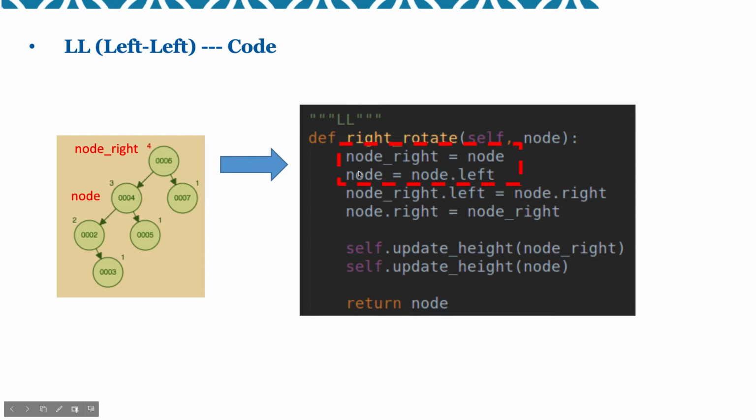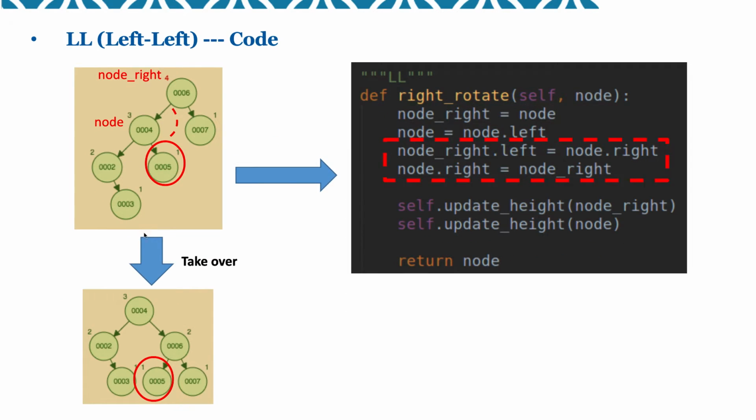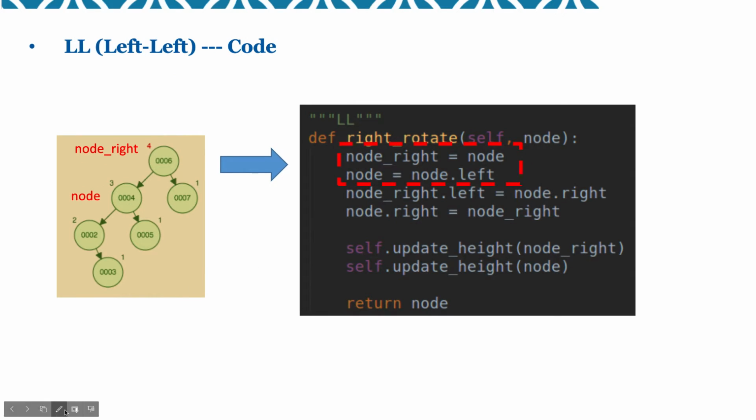Okay, the first line is the pointer of the node assigned to node right. So this one is also called node right. It becomes node right for the number 6 node, and node dot left, which is the number 4 node, right? Number 4 node assigned as node.